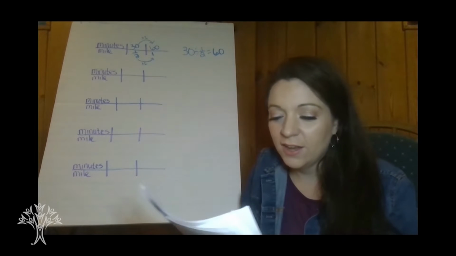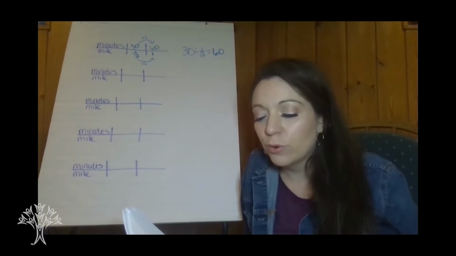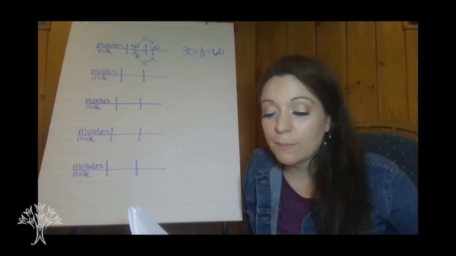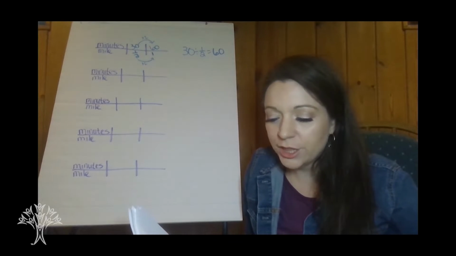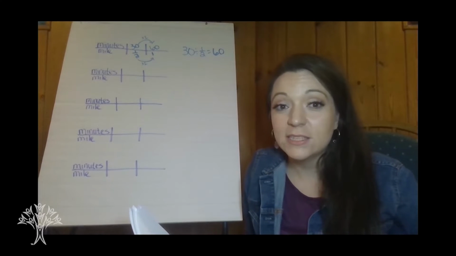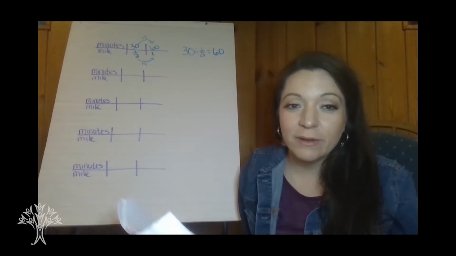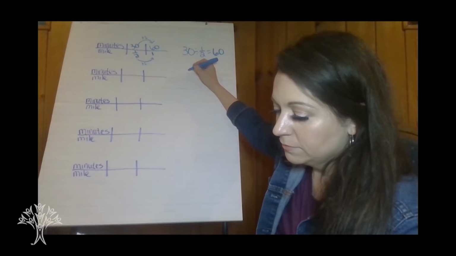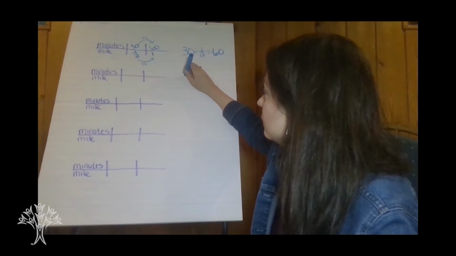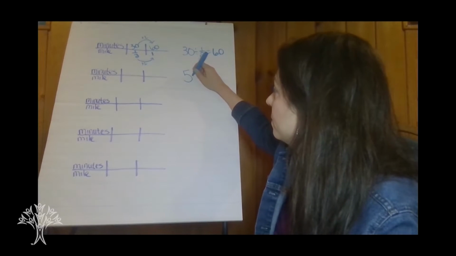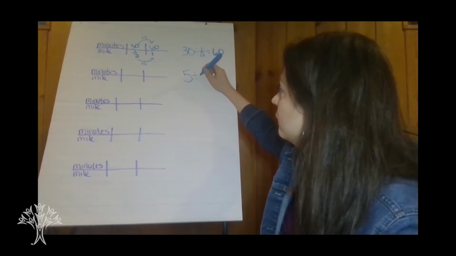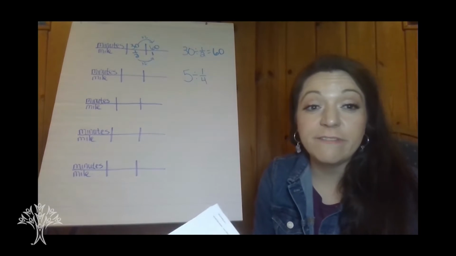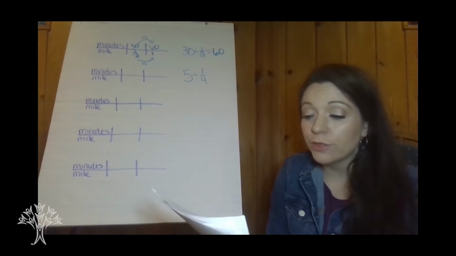Okay, next one. If a student walked 1/4 of a mile in 5 minutes, how fast was she walking? What was her pace per mile? 1/4 of a mile in 5 minutes. Write your expression and solve in a ratio table. So your expression should be 5 divided by 1/4.